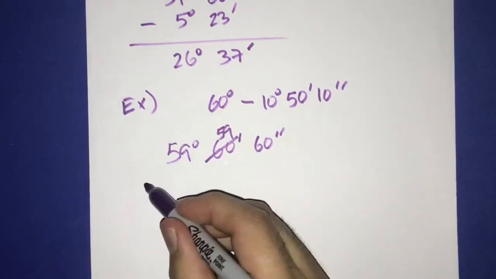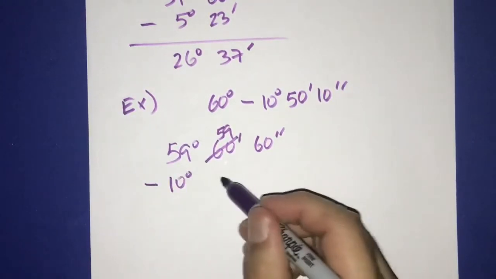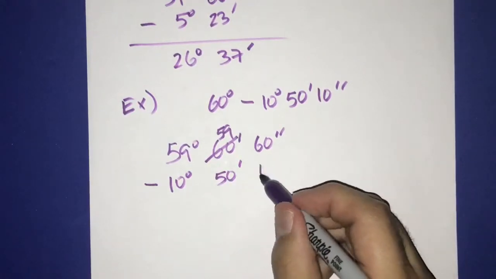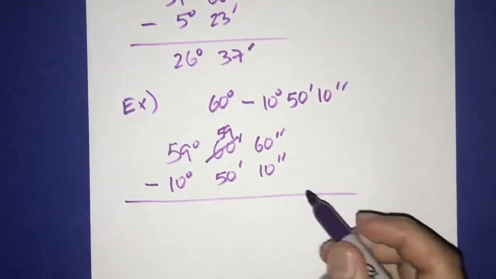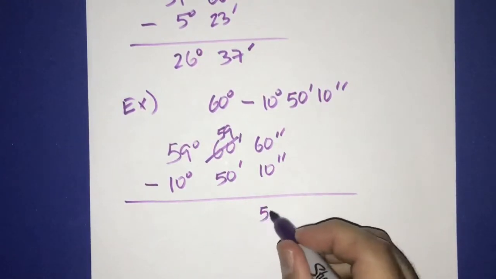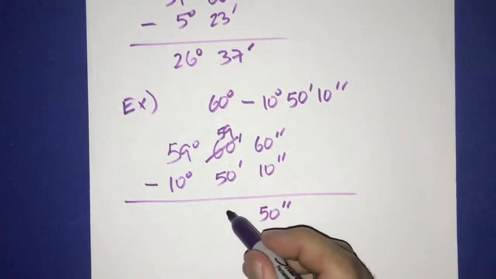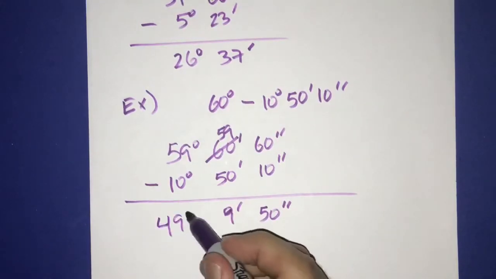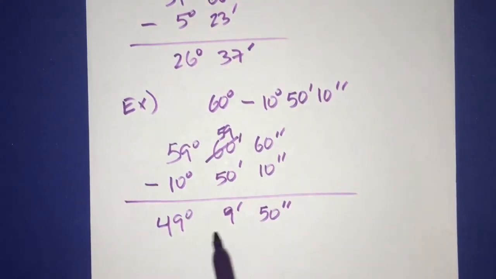And now we can subtract. So we have minus 10 degrees, 50 minutes, and 10 seconds. So when we subtract this, we get 49 degrees, 9 minutes, and 50 seconds. So this is what we get in the DMS system.